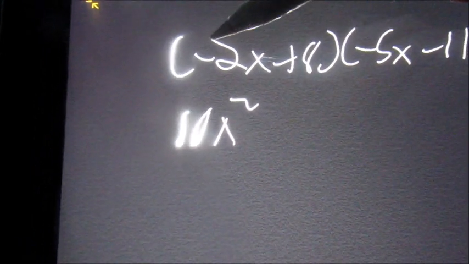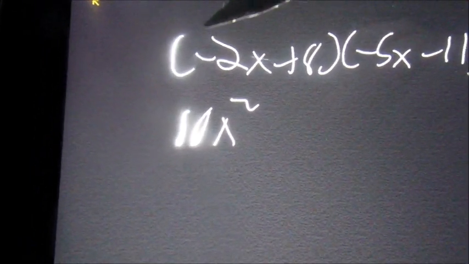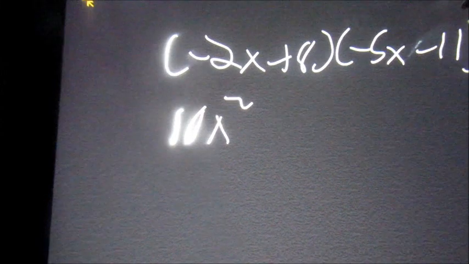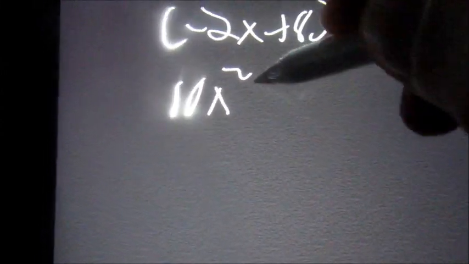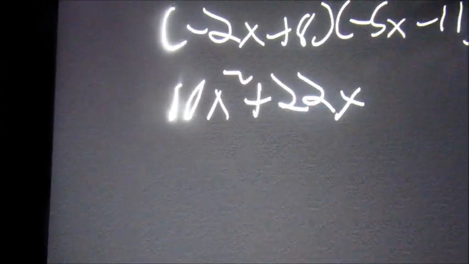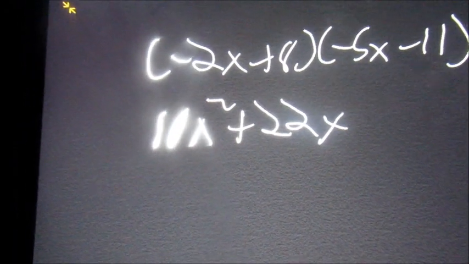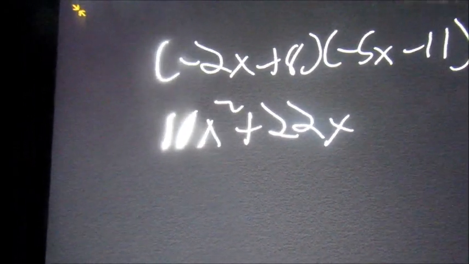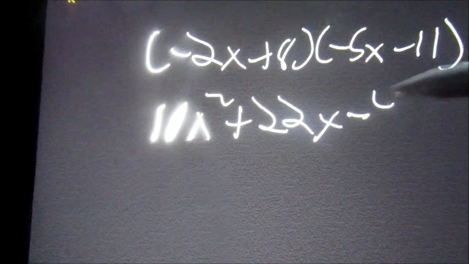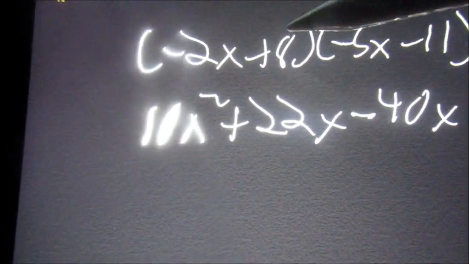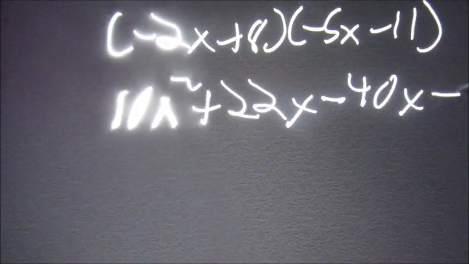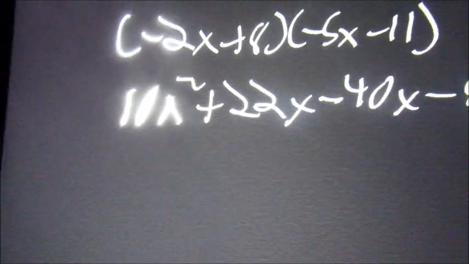Negative times negative is positive, so we're going to get a 10x squared. Negative 2x times negative 11 becomes plus 22x. 8 times negative 5x becomes minus 40x. And 8 times negative 11 becomes minus 88.